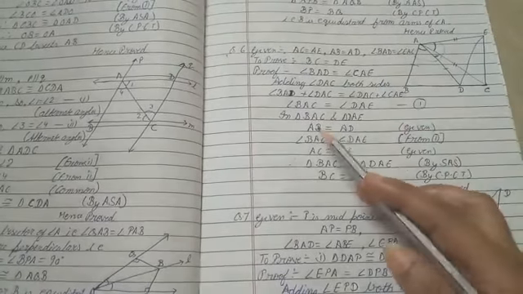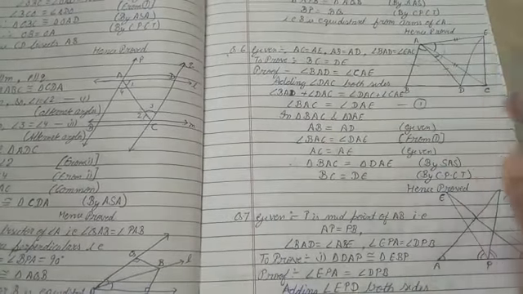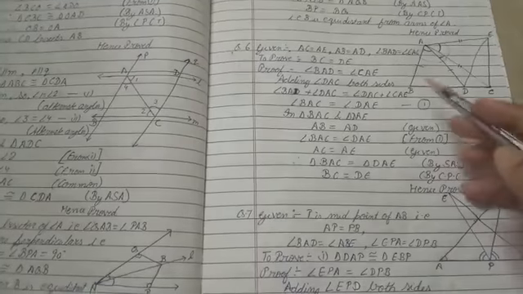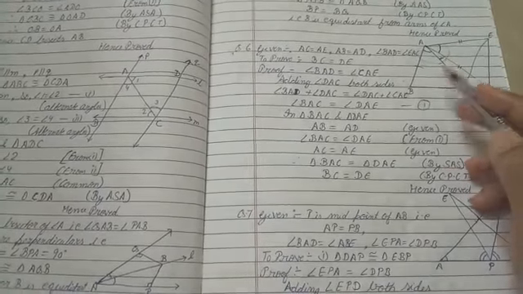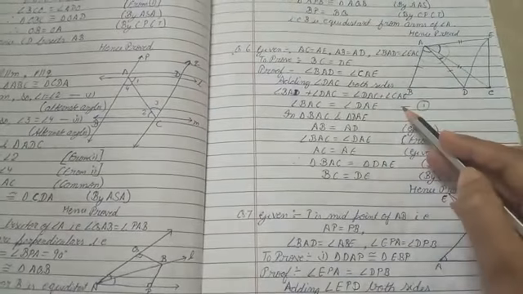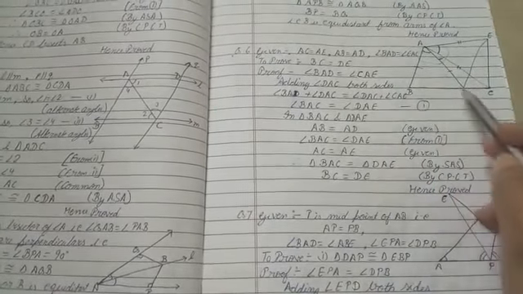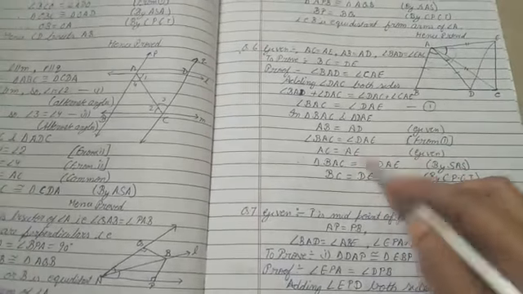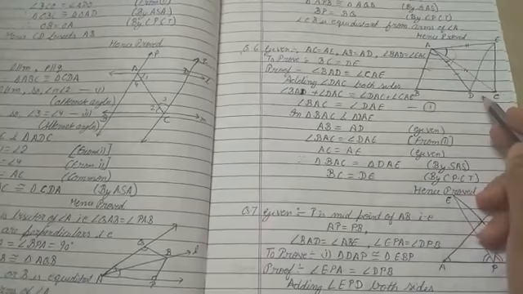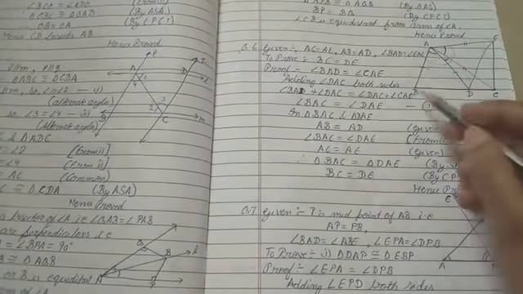Now in triangles BAC and DAE, AB is equal to AD. It is given to us, and we have proved these two angles equal to each other. So angle BAC will be equal to DAE. And after this, AC is equal to AE. This is given to us.